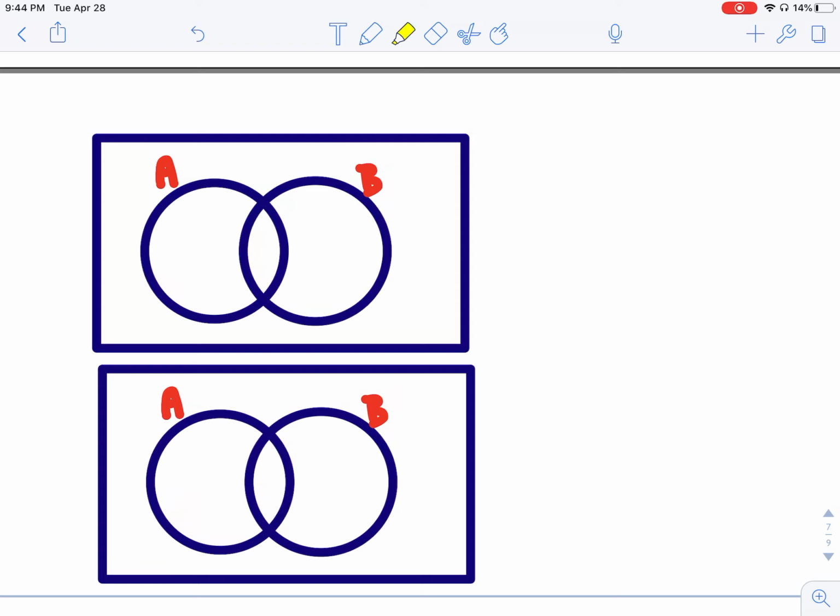A or B is everything inside the whole circles, including the overlap, right? So whatever is in there, all of that totaled up is the size of A or B. And that would be represented with a U like this. It's called the union.